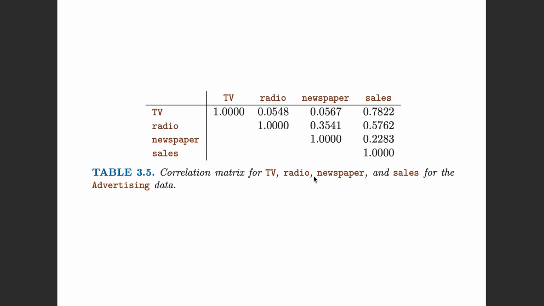Let's look at the correlation matrix. TV and radio are not very correlated, but TV and newspaper are also not very correlated. But TV is highly correlated with sales, radio is highly correlated with sales, and newspaper is less correlated with sales.